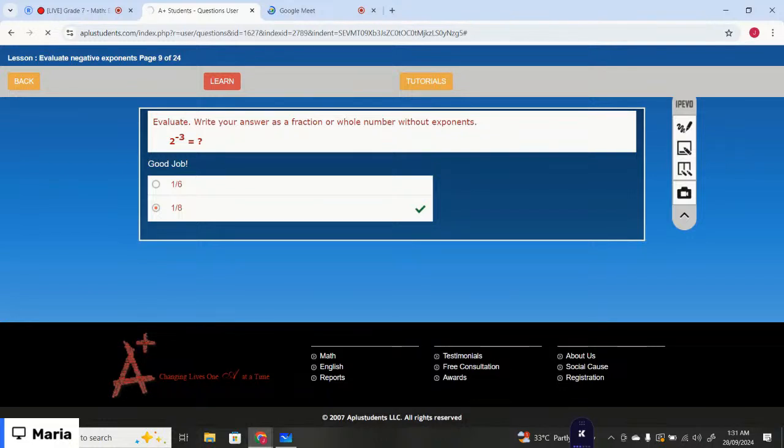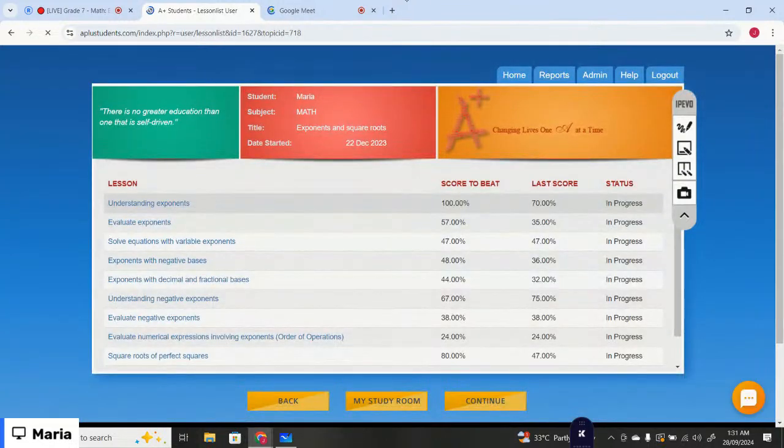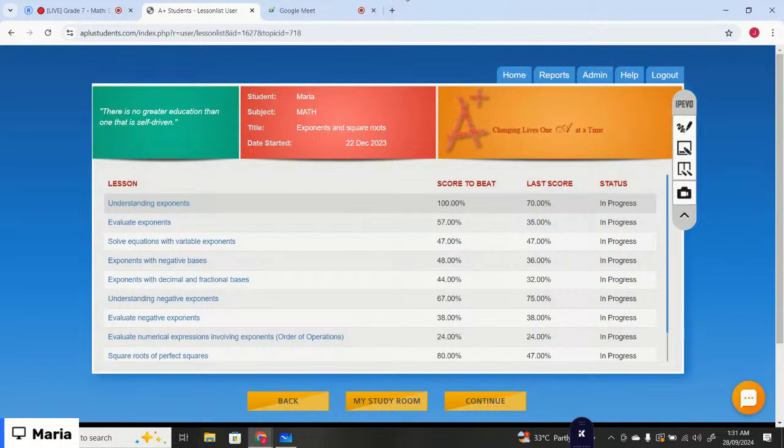Okay, you can complete the lesson by yourself later today. Let me just move on to the next lesson. The next lesson is evaluate numerical expressions involving exponents.